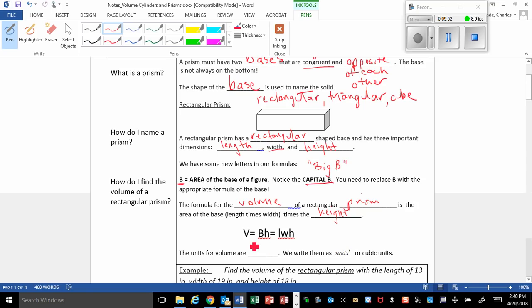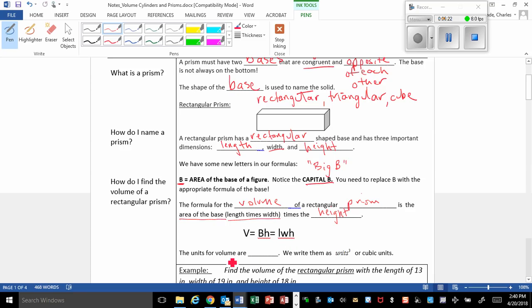Here's the formula: V equals capital B times H. Remember, capital B is the area of the base, which in this case is length times width, because it is a rectangle. So we can also substitute for big B and write what it actually is. I'll show you that on a triangular prism as well.